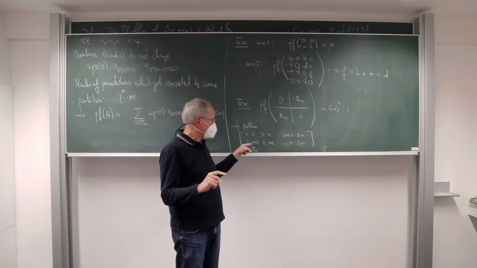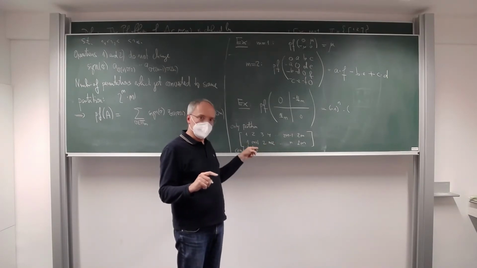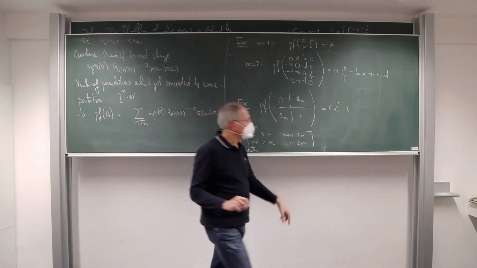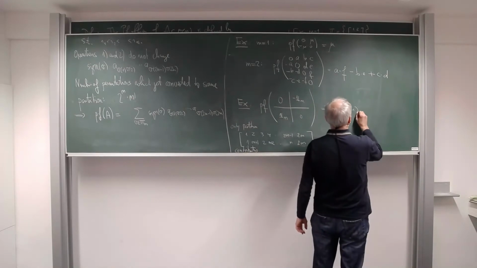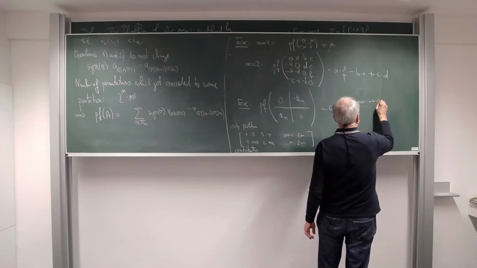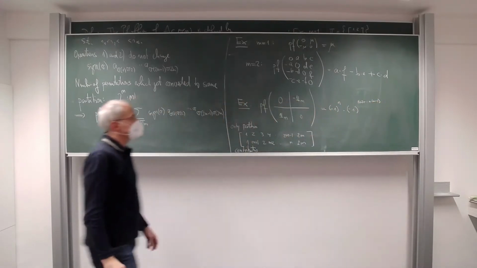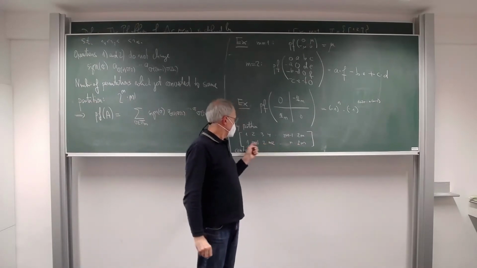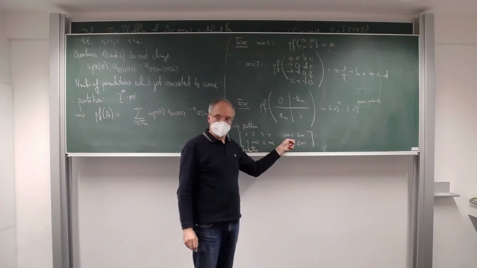So 2 needs 1, 3 needs 2, 4 needs 3, etc., and the last one needs m minus 1. So we have 1 plus 2 and so on all the way up to m minus 1. This is the number of transpositions that we need in order to arrange this into the identity permutation.